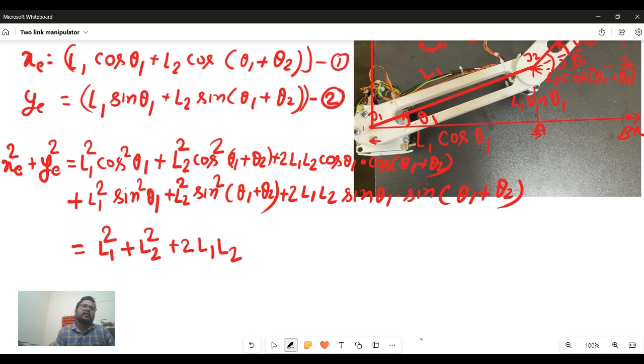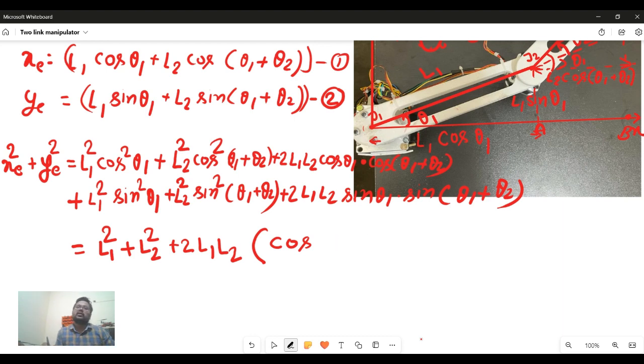Likewise, taking L2 square common, this will also be 1. And 2 L1 L2 is common in both, and now this is a cos C cos D plus sin C sin D kind of expression, so you can write cos(C minus D).